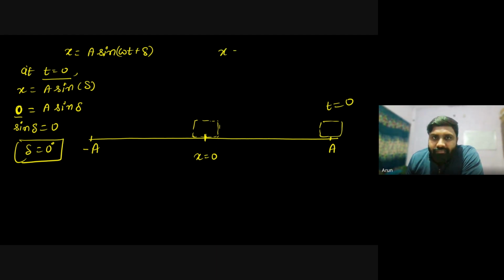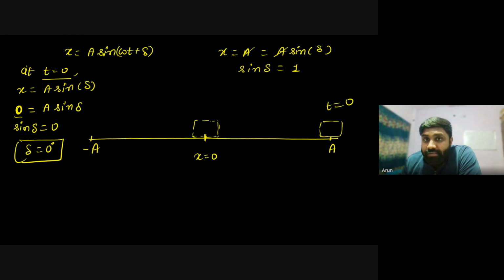So the value of x will become A, which is a sine of omega t plus delta, and omega t is 0 because we are starting the motion. So it becomes sine delta. Now sine delta equals 1 because A and A cancel out. When will sine delta become 1? When delta equals 90 degrees, or pi by 2.